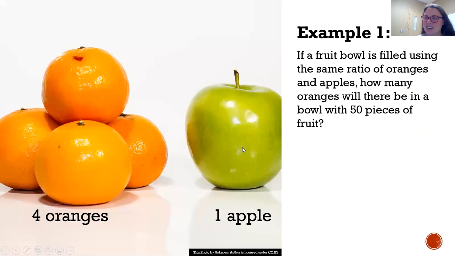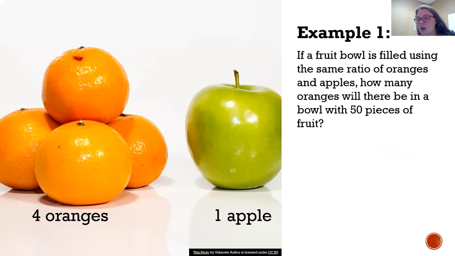All right, so in this example, if the fruit bowl is filled using the same ratio of oranges and apples, how many oranges will there be in a bowl with 50 pieces of fruit? So let's look at what our numbers are in our question, what we want to find and what we're missing, and then we're going to see, do we have enough information to write a ratio that has those pieces in it?